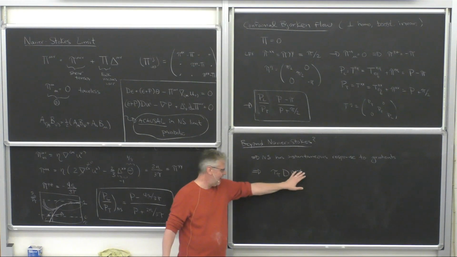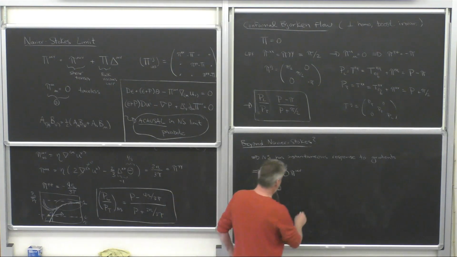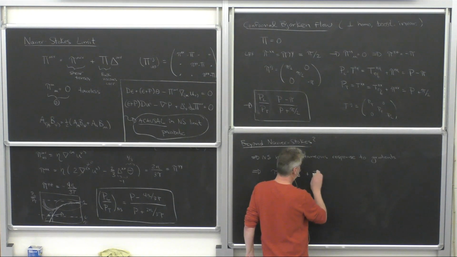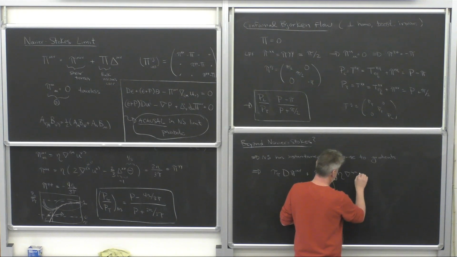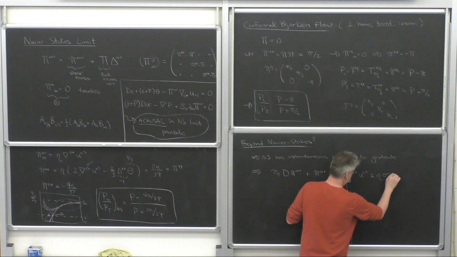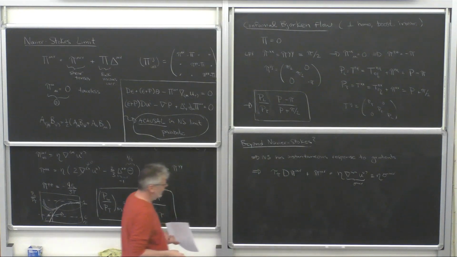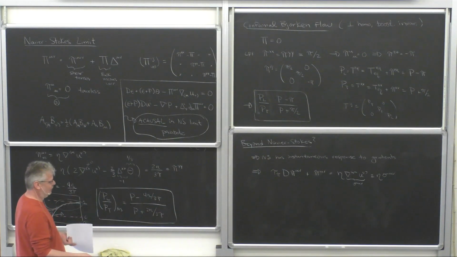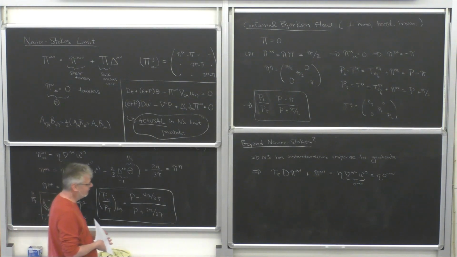So this is telling us how pi mu nu evolves in time in a fancy way. So the simplest thing I could do if I was a modeler is that I would posit an equation like this for pi mu nu.